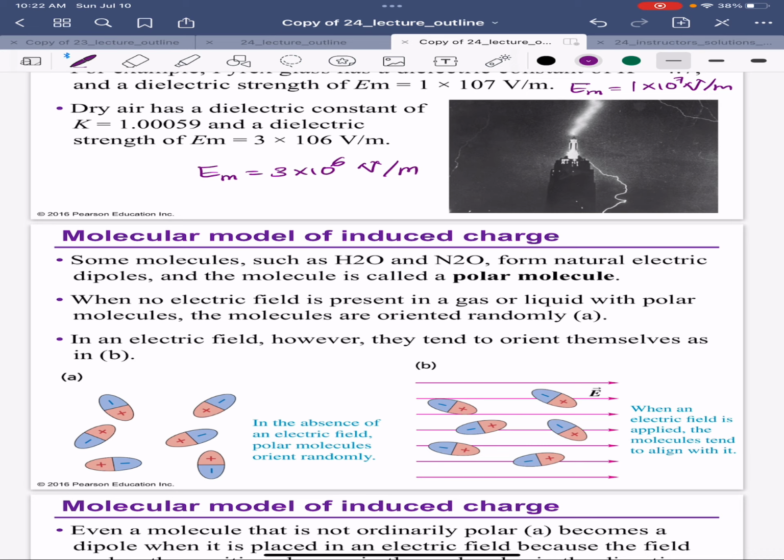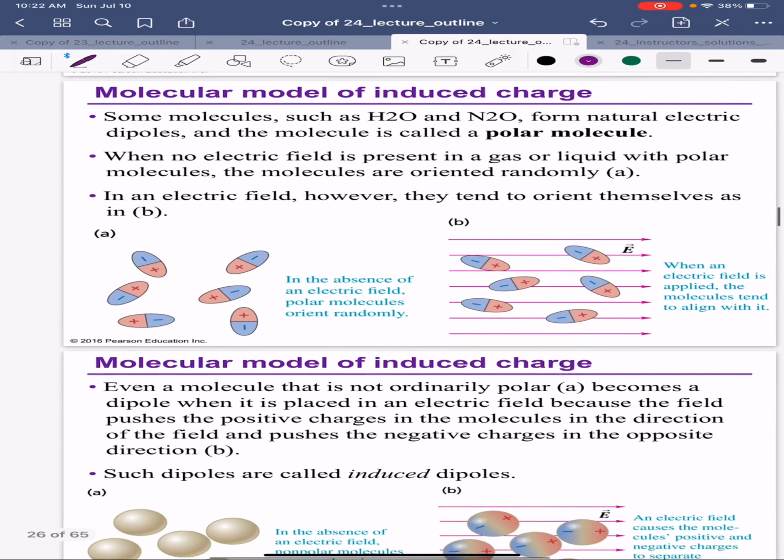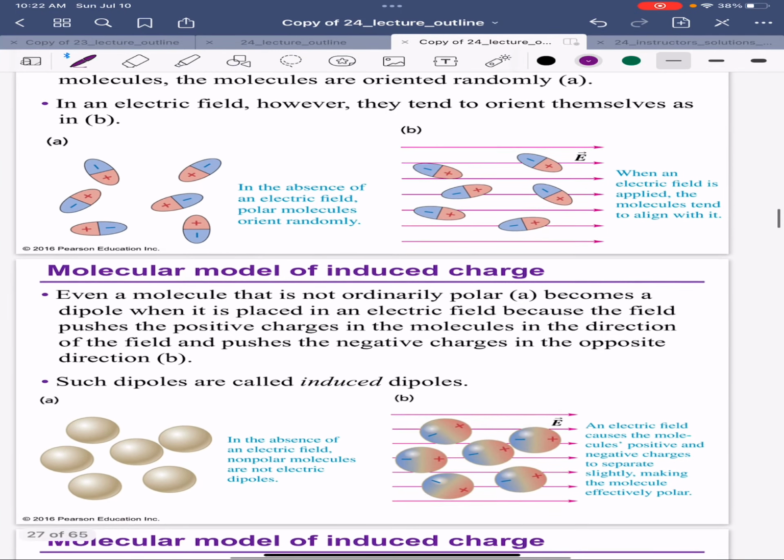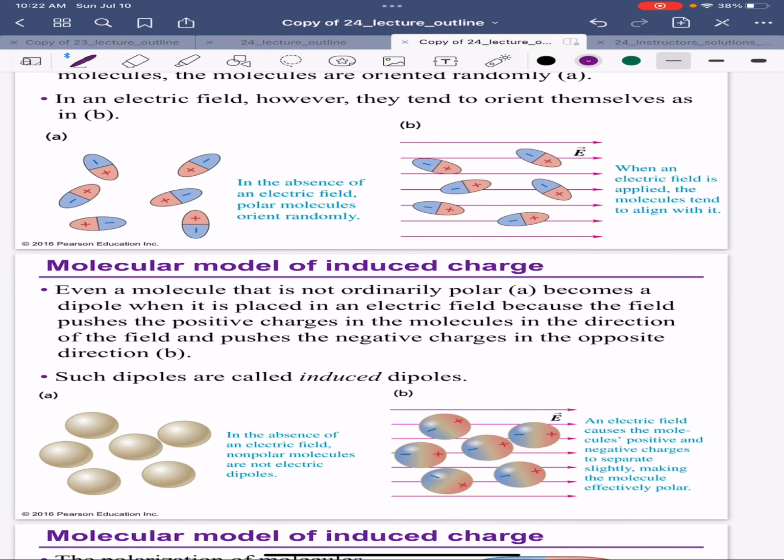When no electric field is present in a gas or a liquid with polar molecules, the molecules are oriented randomly. But if we have an electric field, they tend to orient themselves as in B, depending on the direction of the electric field. They are going to align with it.